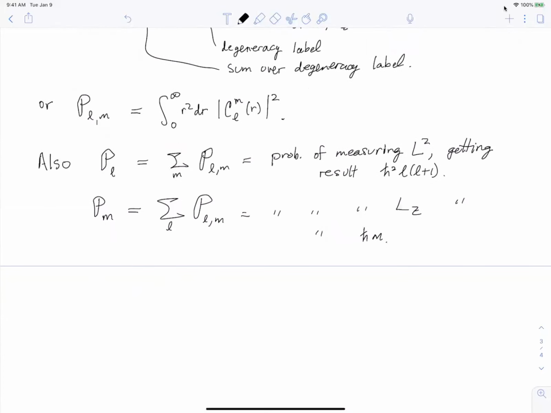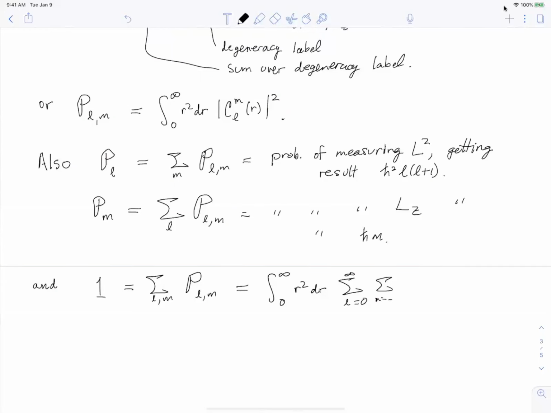Okay, or I could measure them both and add up all the possibilities. And then I should get 1. So I can write 1 as the sum over all possible L's and M's that I could have gotten times their probabilities. And that's equal to just plugging in the individual probabilities again: the integral of r squared dr, here's my sum over all L's, I need to go to infinity, then I go from M equals minus L to L of the absolute value of CLM of r, squared.